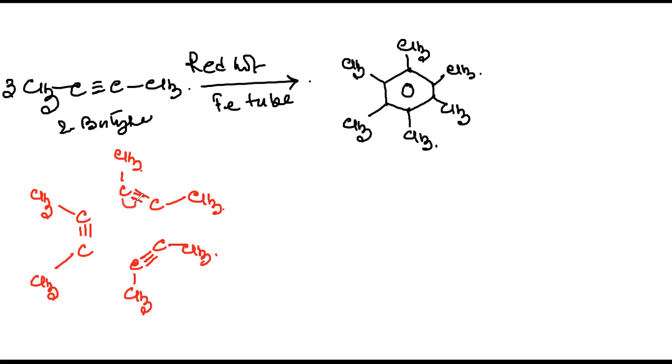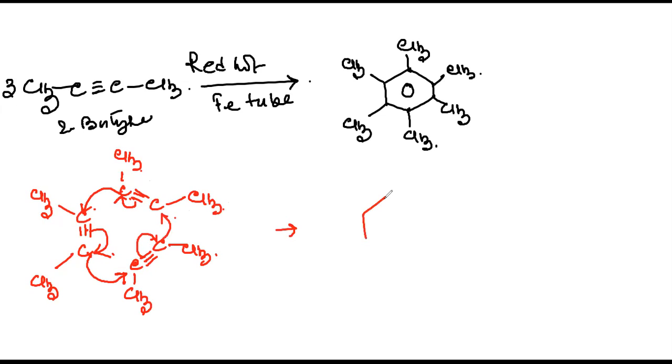Now what happens? This bond goes here, it will get a minus charge. It will attack here, the carbon valency becomes 5. This bond goes here, valency of here it will be a minus charge. This will attack here, the bond will go here, and this will also go here.